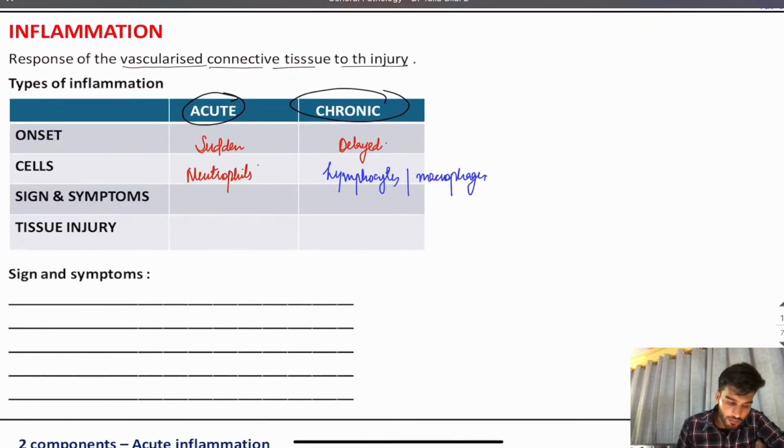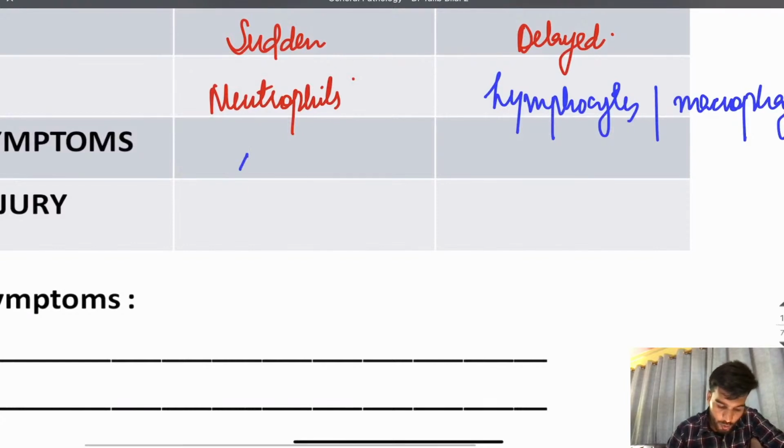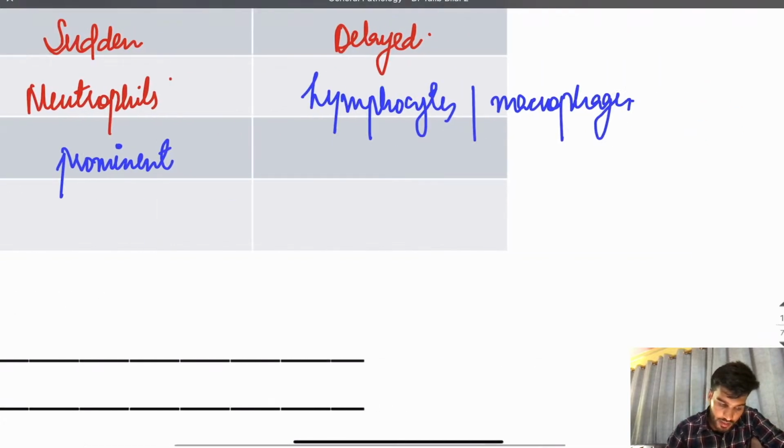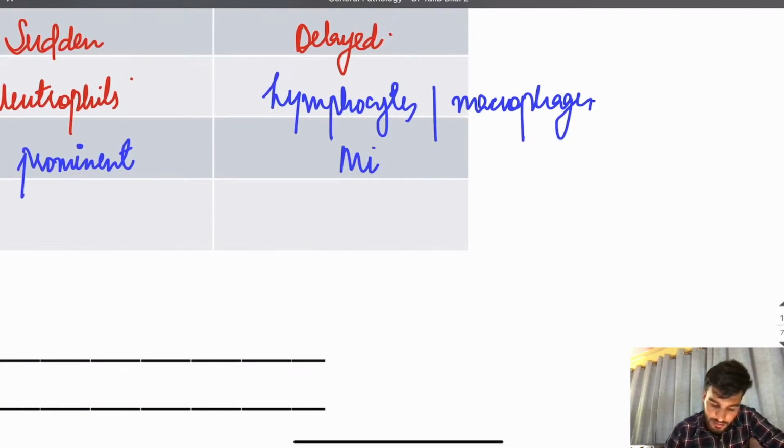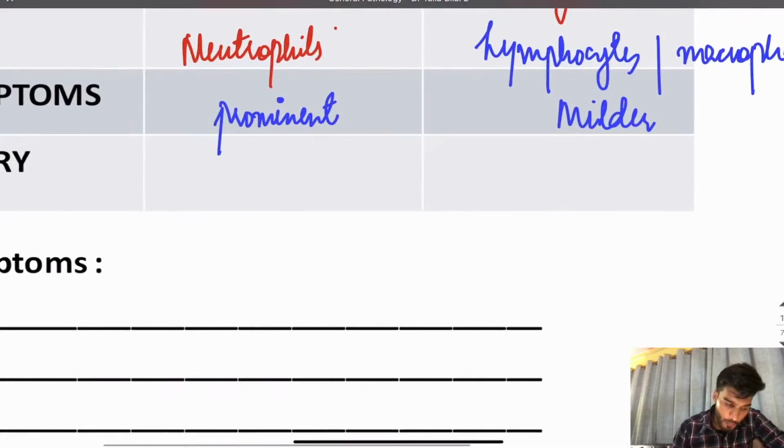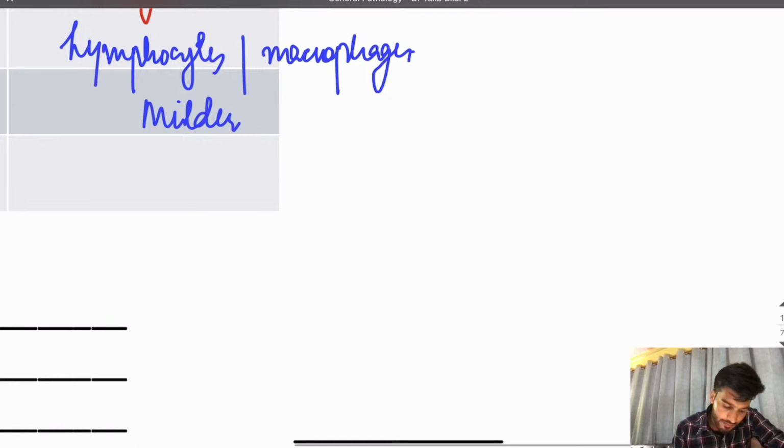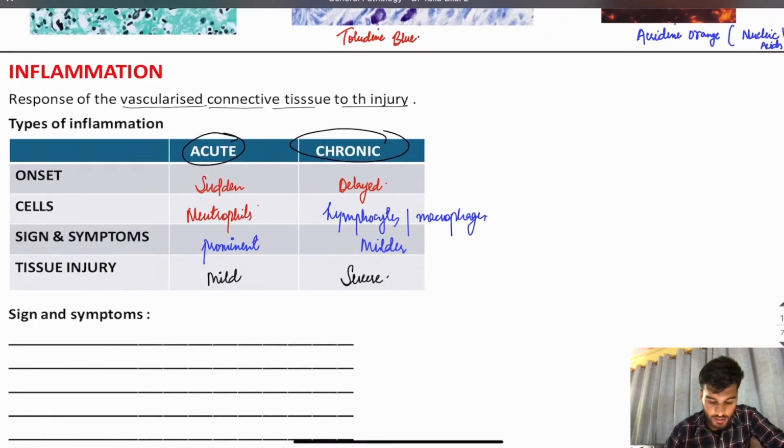Signs and symptoms are prominent in acute and milder in chronic. We have mild tissue injury in acute inflammation, and severe tissue injury in chronic inflammation.